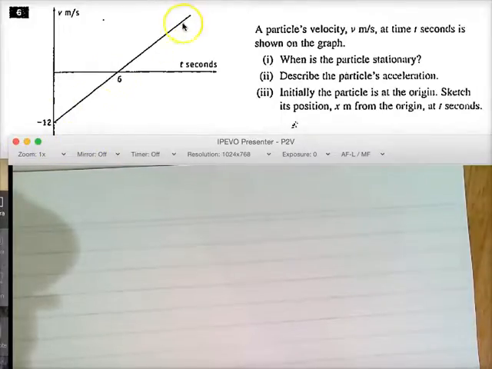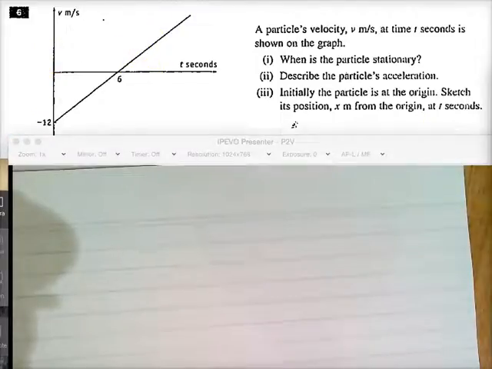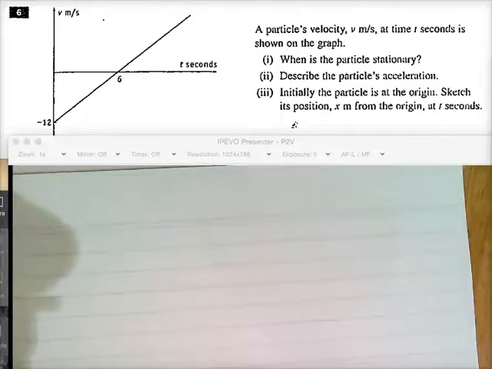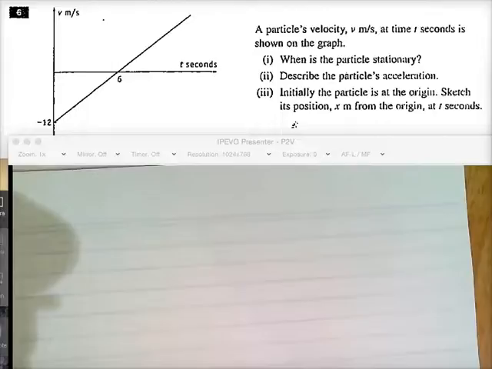Now, acceleration is dv/dt, which is the gradient of the velocity curve. That gradient is the same all the way. Therefore, the acceleration is constant. And because the gradient's positive, it'll be a positive constant acceleration. So it'll be accelerating at a constant rate in the positive direction.